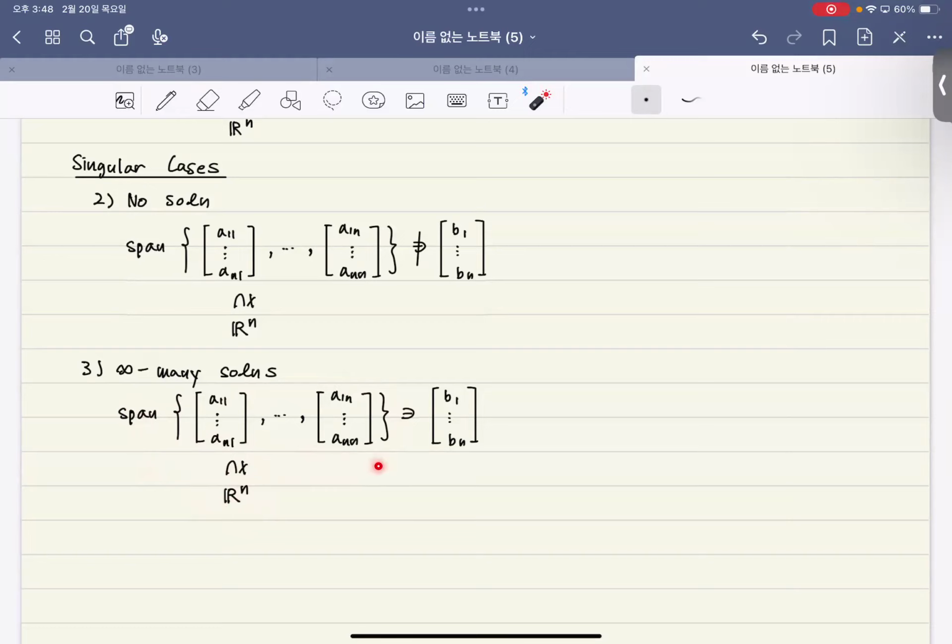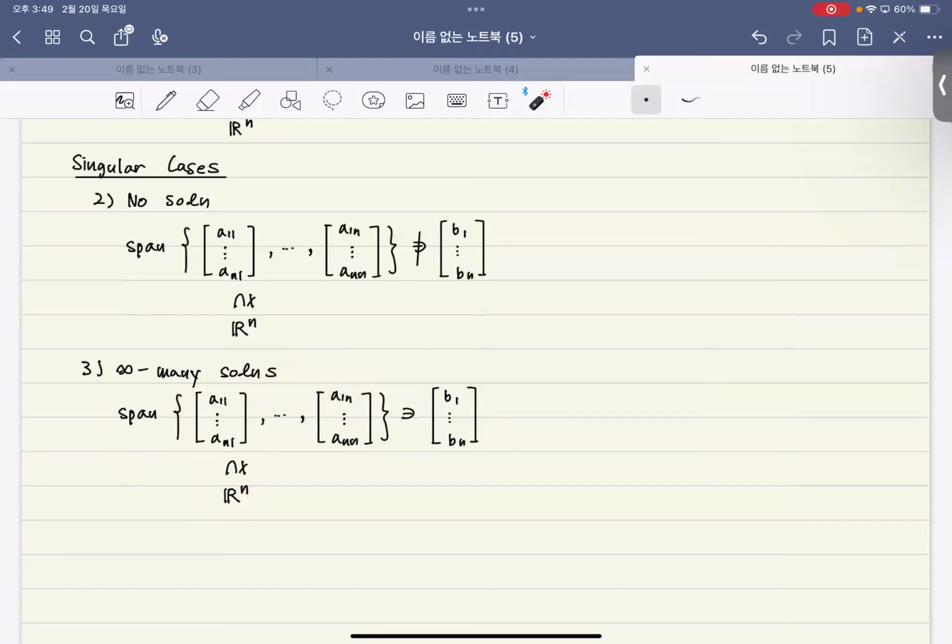But if you're lucky enough to have chosen this vector as a member of this span, which is a very unlikely scenario, then the dimension of this span is less than that of the entire space. If Rn is my entire space, then the span of these columns is just a tiny fraction of it.